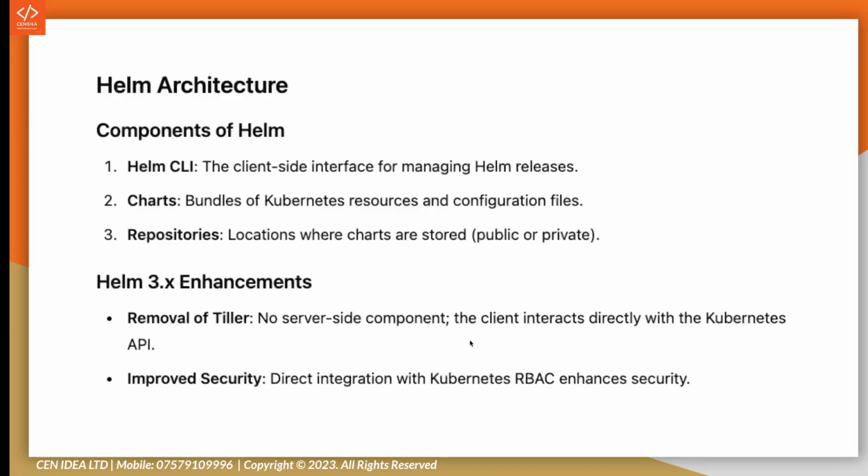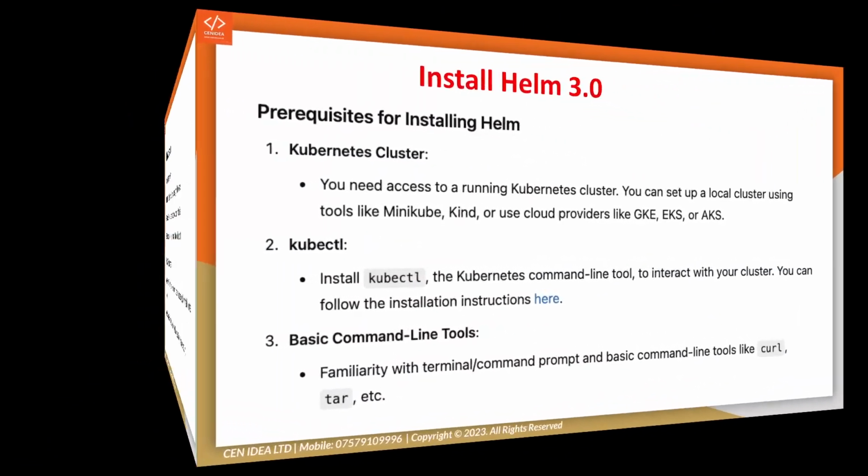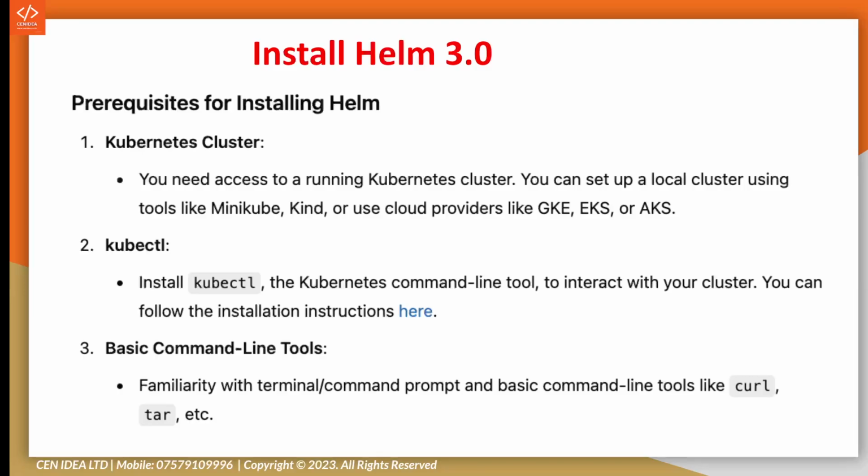There is no server-side component; the client interface interacts directly with the Kubernetes API. It also has improved security, because there's no direct integration with Kubernetes RBAC, which enhances security.